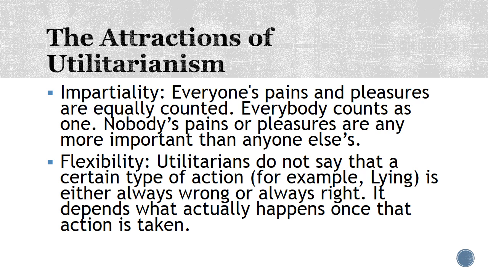Now, because most lies do tend to have bad consequences in the long run, many of them will in fact not be the right thing to do. But there can be examples where a lie might actually lead to the best overall consequences, might contribute to making the world actually better for people, and at least under those kinds of circumstances, the utilitarian could say that in that specific case it was okay. This is a kind of flexibility that people often like very much about utilitarianism.